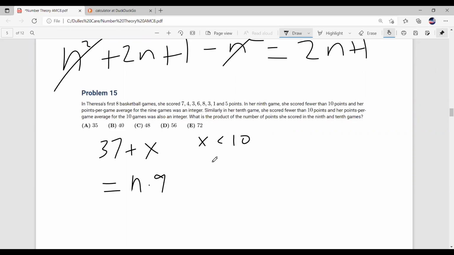So what's the multiple of 9 that's closest to 37? Well, 36, but X can't be a negative number. If she scores -1 points, that would be pretty sad, right? We assume that she scores a non-negative number of points.